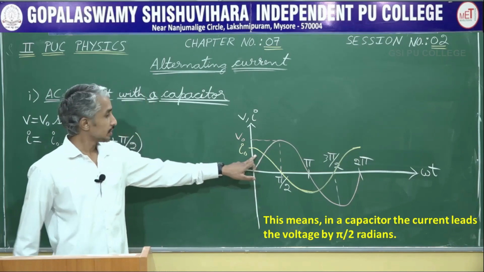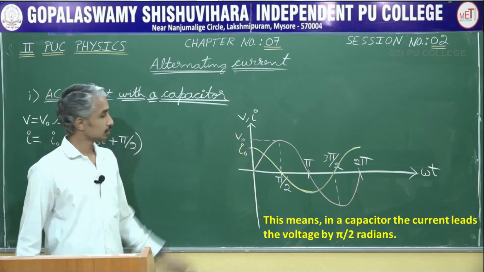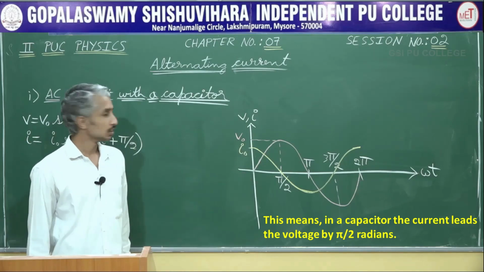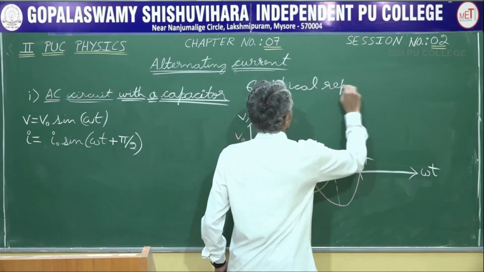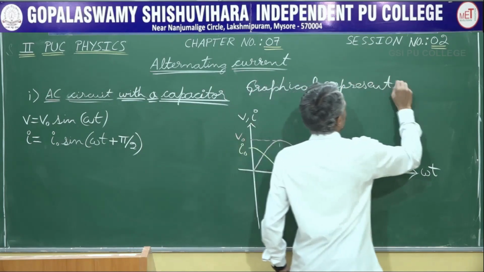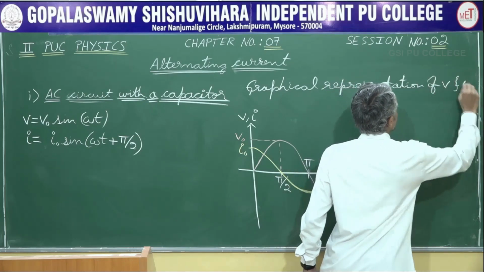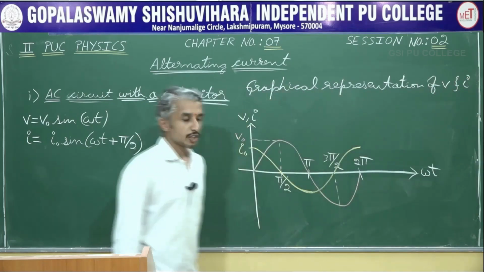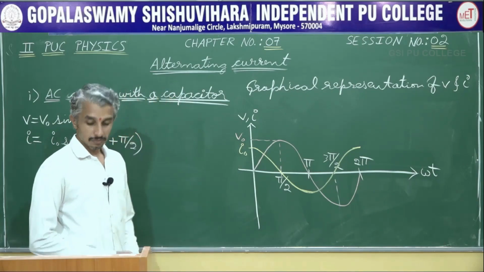The diagram now represents that the current leads the voltage by pi by 2 radians or by 90 degree. So, I can label this as the graphical presentation of the AC voltage and AC current in a capacitive circuit. What about the phasor representation?